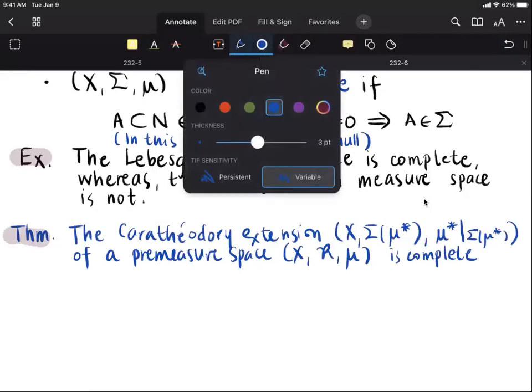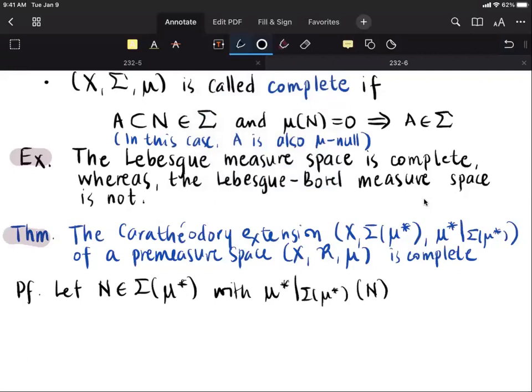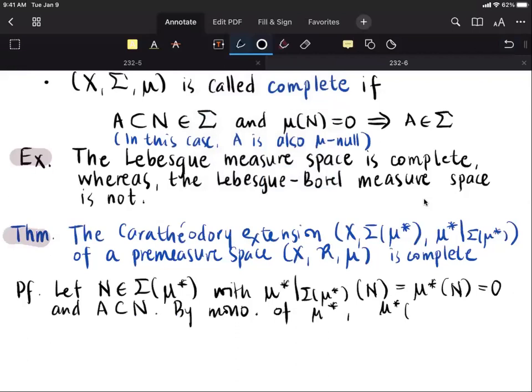Well, the proof is in fact straightforward. If you take a measurable set N with outer measure 0, which is the same as the restriction measure, and you take a subset A of N, then by monotonicity of the outer measure, the outer measure of A must also be 0.